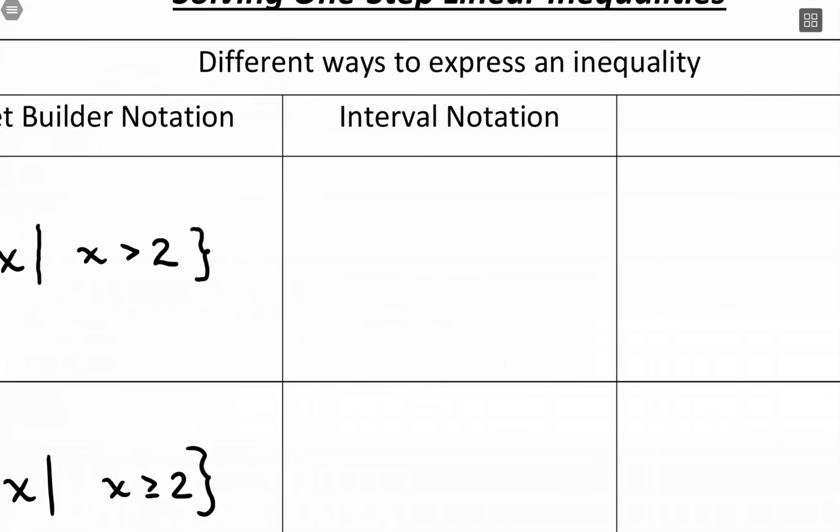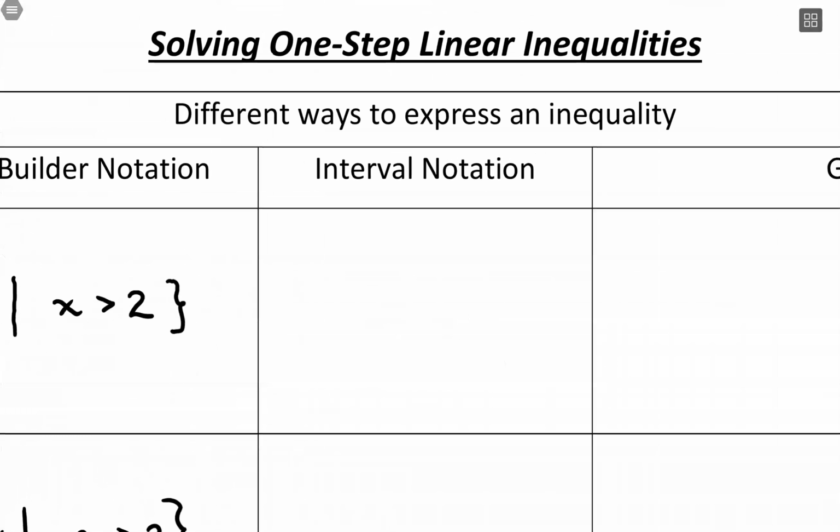For interval notation, what we're going to use is square brackets or parentheses. And we're going to list 2 numbers. We're going to list the smallest possible number and the largest possible number. So we'll have parentheses, or we'll have square brackets, or we'll have a mixture of the 2.